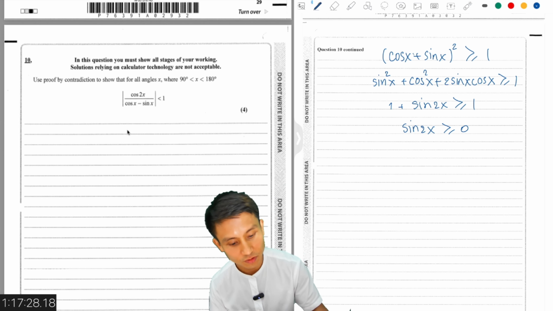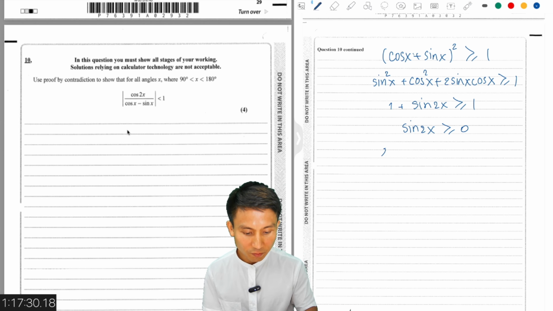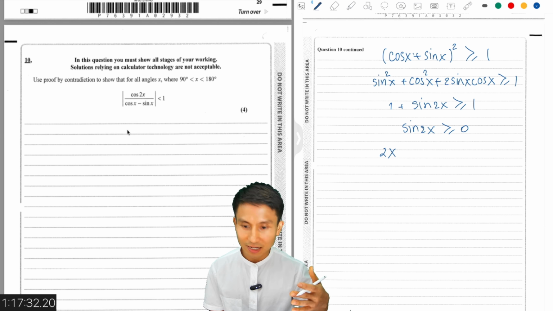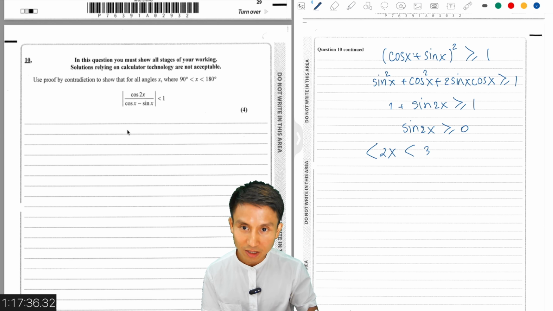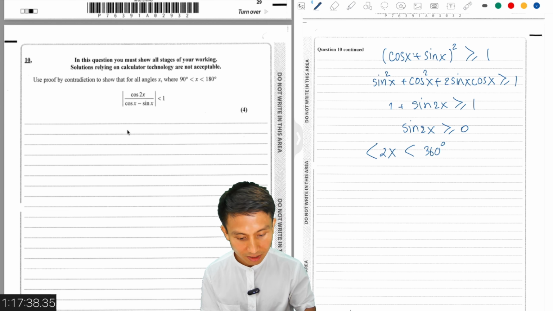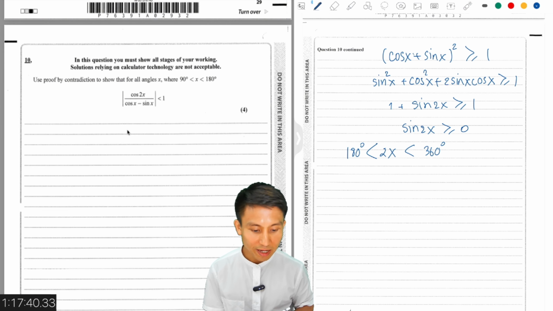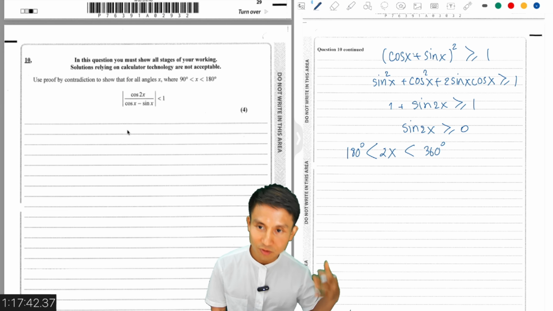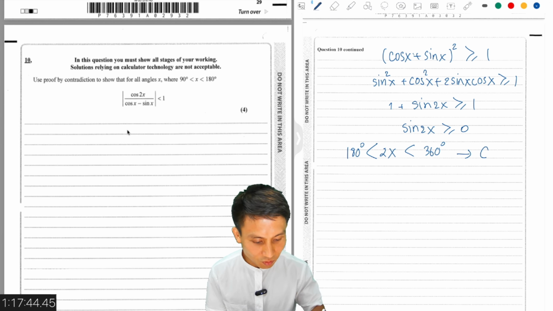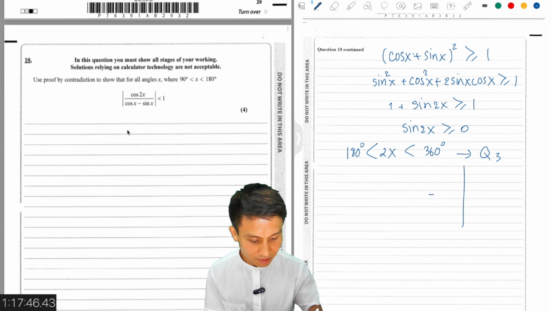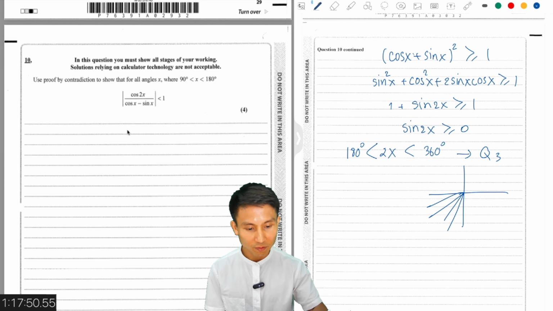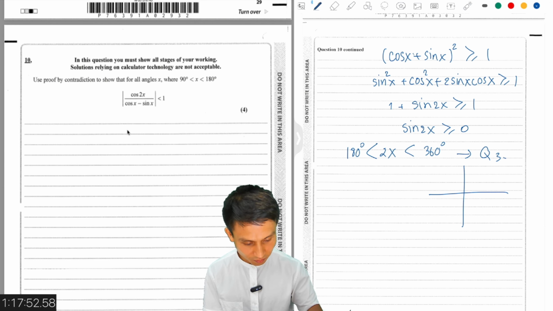Well, sine 2x greater than 0, right? And x is in quadrant 2. So if we think about the 2x there, because we get sine 2x, and x is already in quadrant 2, so 2x will be in between 180 and 360. So 2x will be in quadrant 3 and 4.